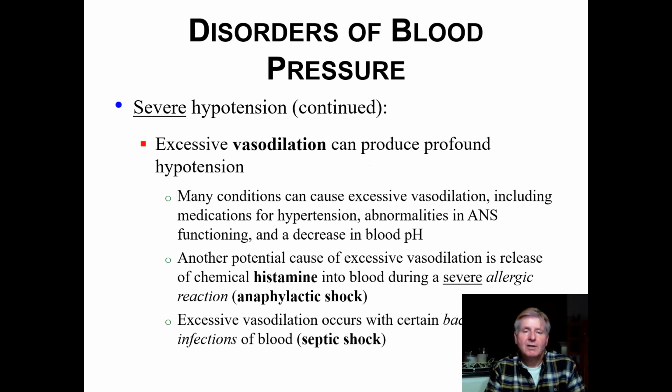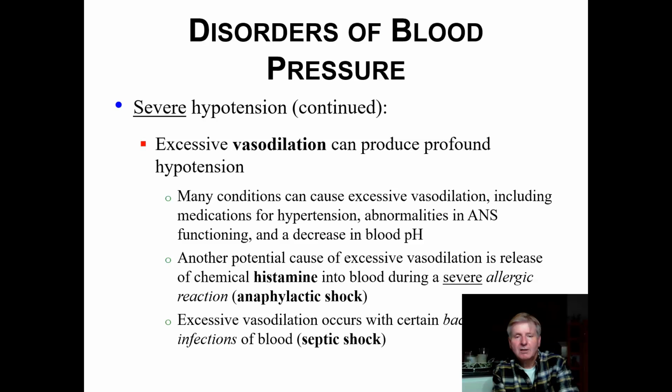Also, you can have excessive vasodilation, which can produce profound hypotension. There are many conditions that can potentially cause excessive vasodilation, including antihypertensive medications, abnormalities in autonomic nervous system functioning, or a decrease in blood pH, acidosis.